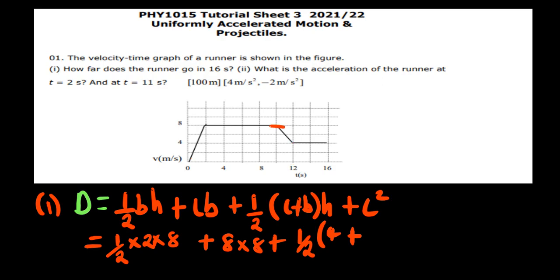Then the length from here to there is 8, plus the height from here to here, that is 10.